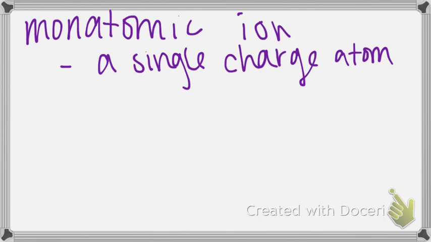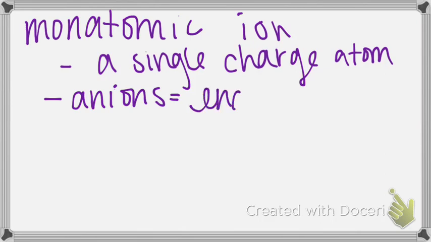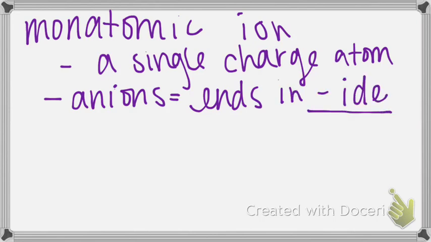So it's a single charged atom. And you'll notice for anions, they don't keep their regular name. They change their name. To name a monatomic ion, an anion ends in IDE. Okay, that's really important. The anions end in IDE.